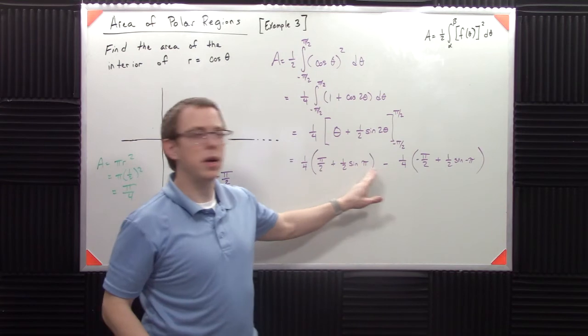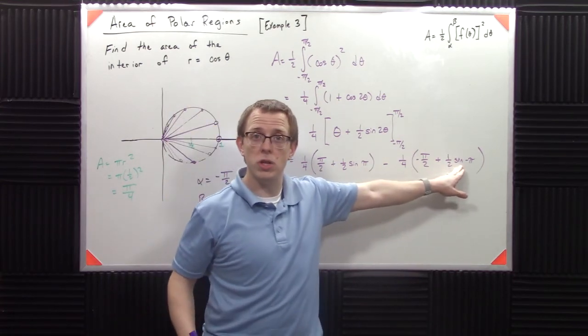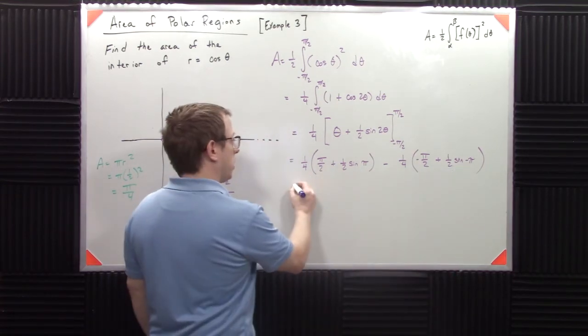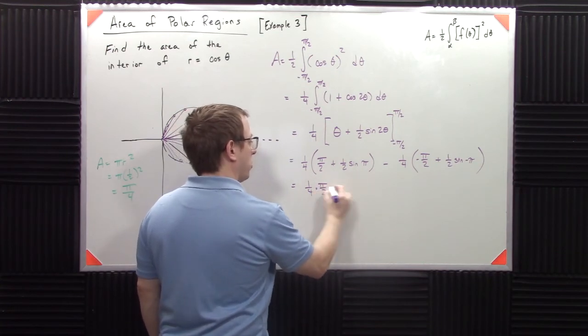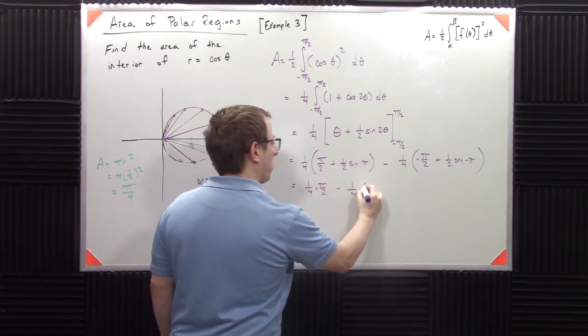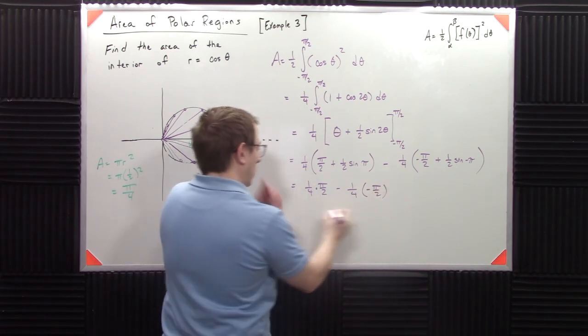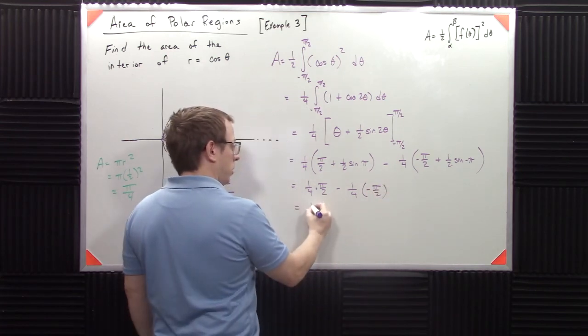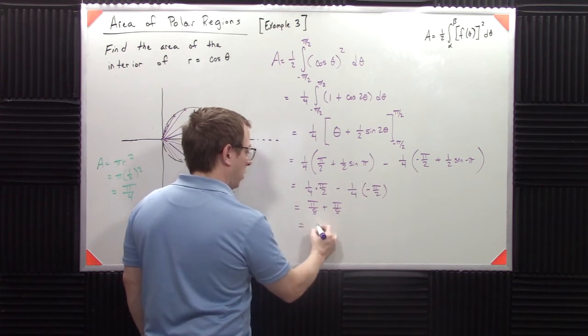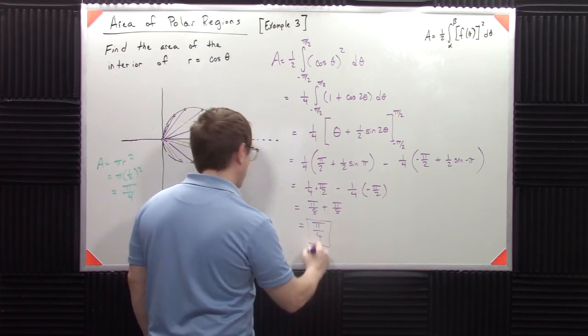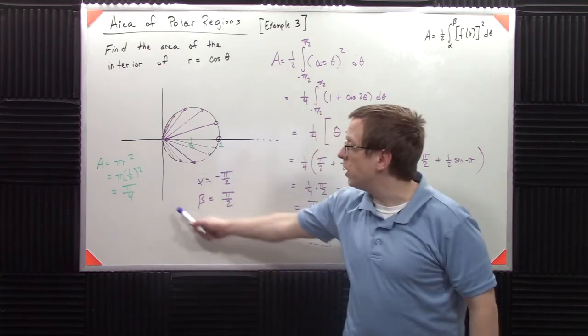Well, sine of pi and sine of negative pi are both 0. So this gets me 1/4 times pi over 2, minus 1/4 times negative pi over 2, which is pi over 8 plus pi over 8, which is pi over 4, which of course is what we expected, right?